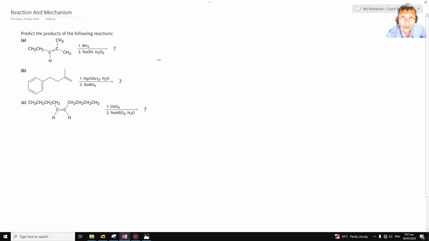So 2 methyl. It should be in a parenthesis since it's complicated. There's a rule for that one. So letter B, reacting 2 methyl 1 butenyl.